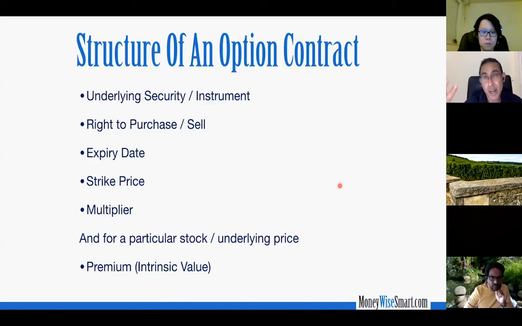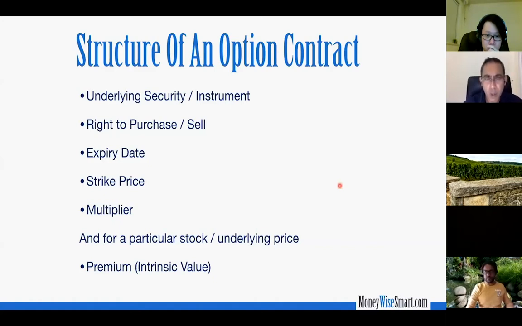In fact, you can think of a stock as an option which has no expiry date. So I look at any stock as a $0 strike call option with no expiry date. All options come with a strike price. That is the price at which I can either buy in the case of a call option or sell in the case of a put option. All options have a multiplier.